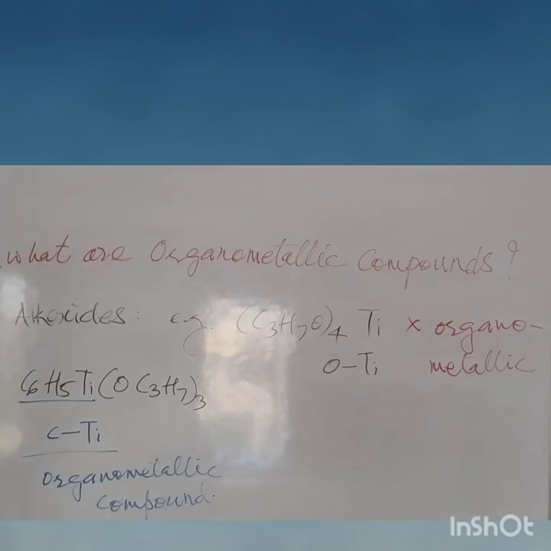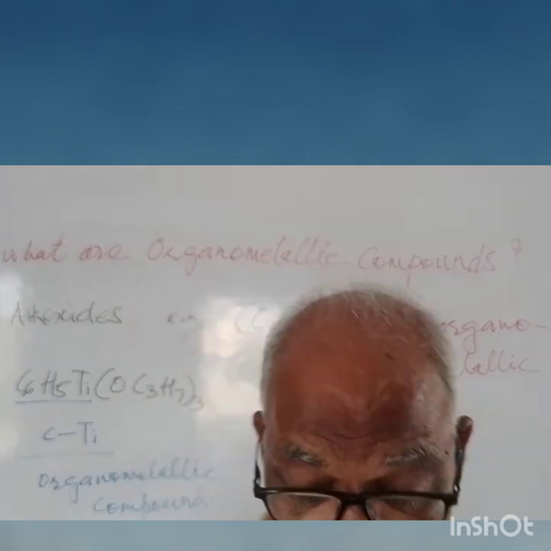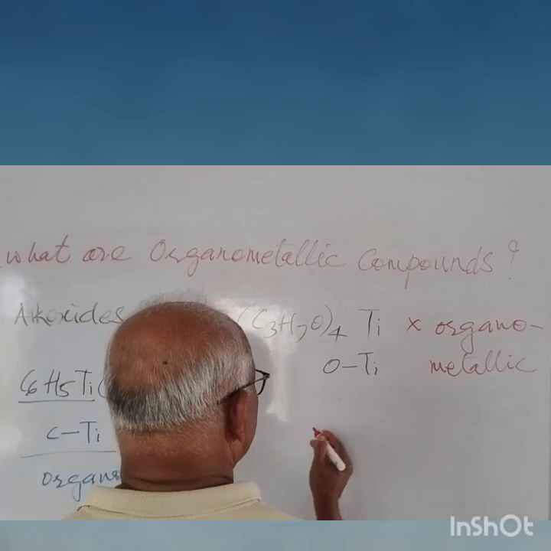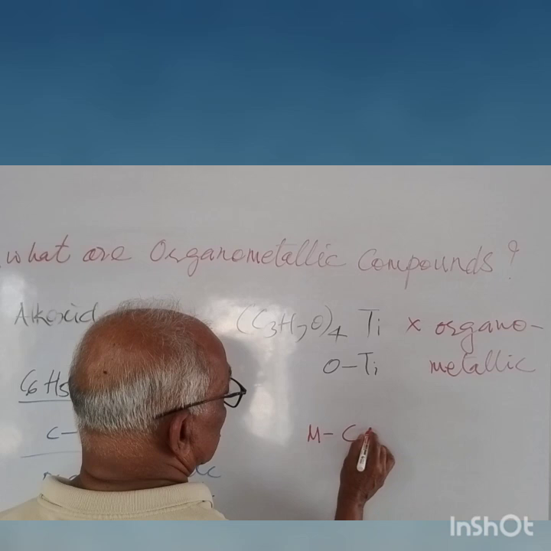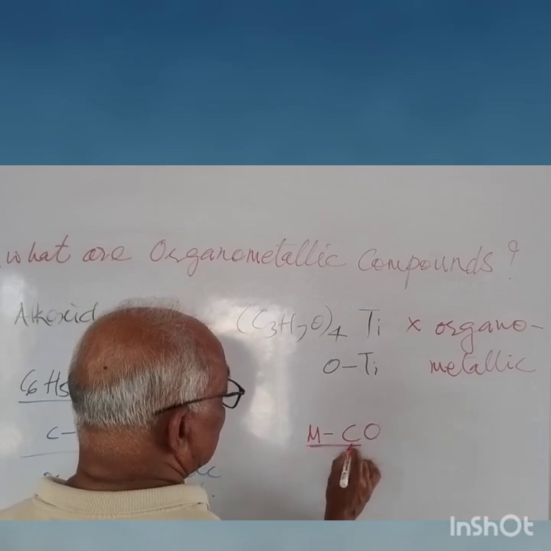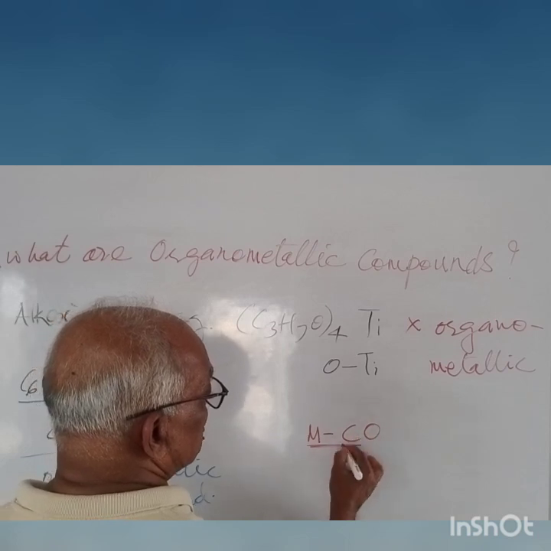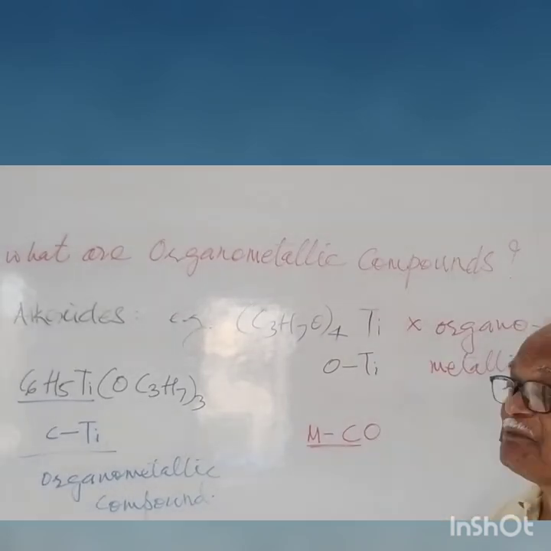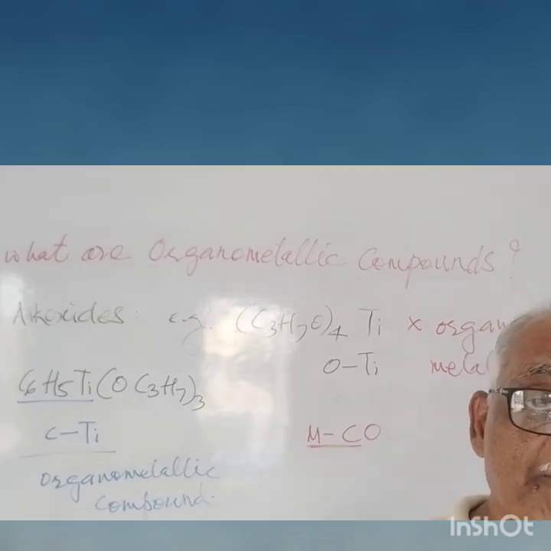We can have other examples such as carbonyls. In these carbonyl compounds, we can have the bond between the metal and carbon monoxide. Their metal-carbon bond is one where the carbon is not a part of an organic species. Therefore, metal carbonyls are also not considered organometallic compounds.